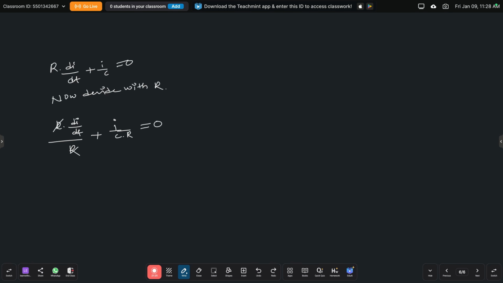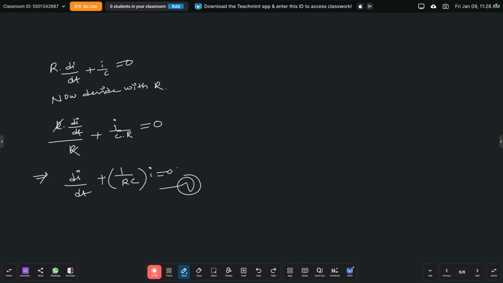So R is cancelled, and we write the equation as di by dt plus 1 by RC into I equals 0. We treat this as equation 1.